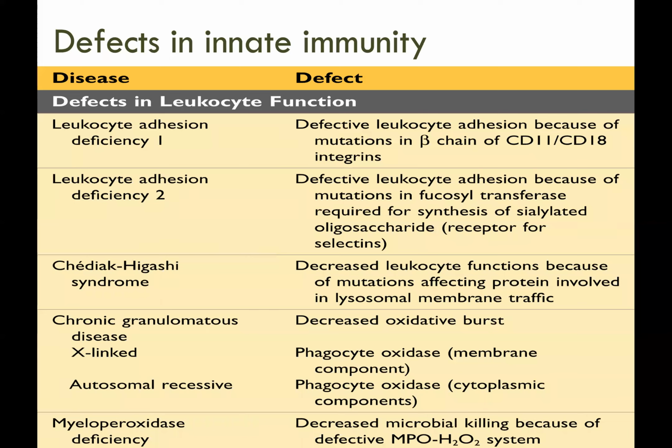It can be a defect in phagolysosome function, which is typified by Chediak-Higashi syndrome. It can be an inherited defect in microbicidal activity, which is typified by chronic granulomatous disease, or a defect in TLR signaling pathway.